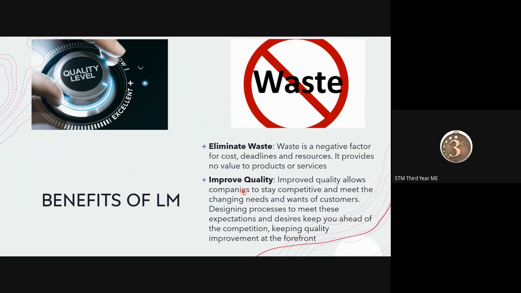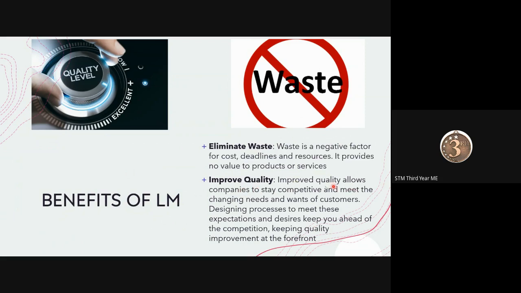Then next comes improve quality. So how is the quality improved? Quality is improved by selecting a process that is optimal and faster for the production process, with an economical mode of production. So an economical method is given for improving the quality.